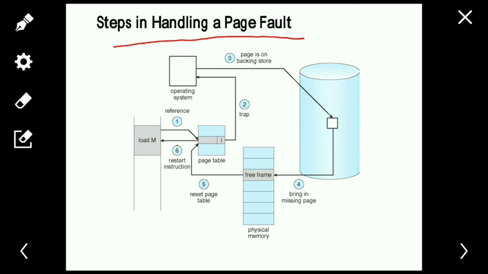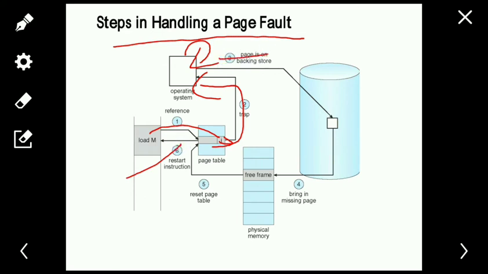Okay, so first there is a reference from the main memory to the page table. That means it will check whether the particular page is valid. If it is an invalid bit, then it will send a trap to the operating system, which searches in its internal table and finds that the address is valid but it is not available in the main memory.